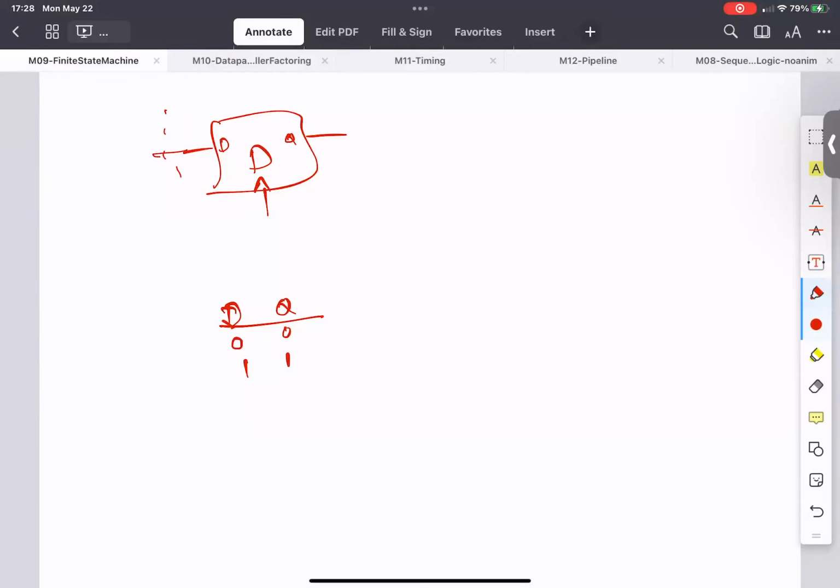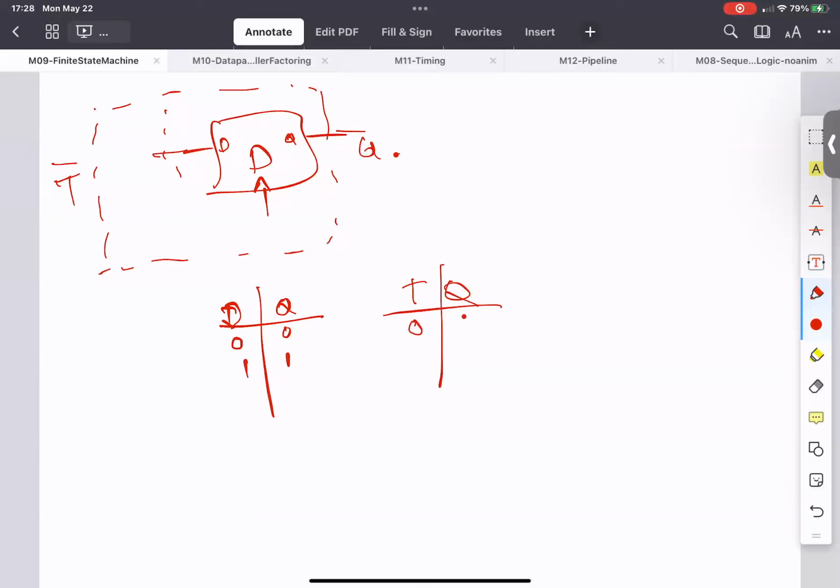So let's imagine I want a bigger system. It has an input T and output Q. And I want this behavior.